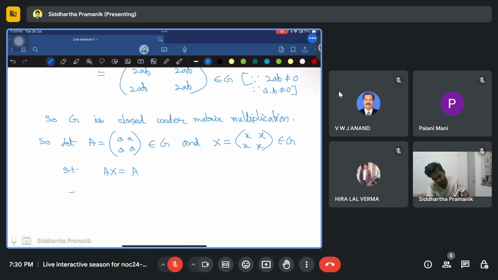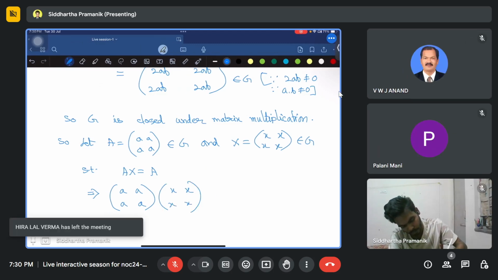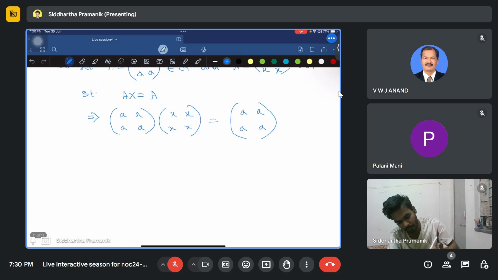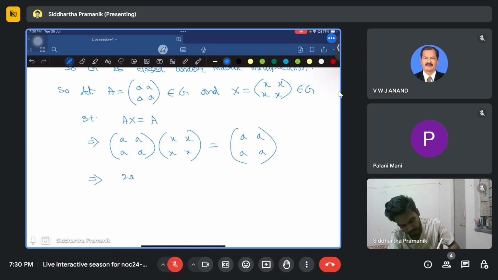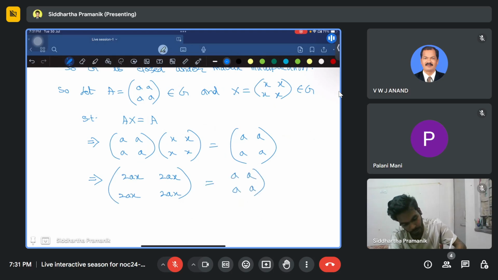So this means let's do the product again. We need to solve it for the element x. In the earlier situation the product just became 2ab, so it will become 2ax in all four entries, and this is the same as a in all four entries.